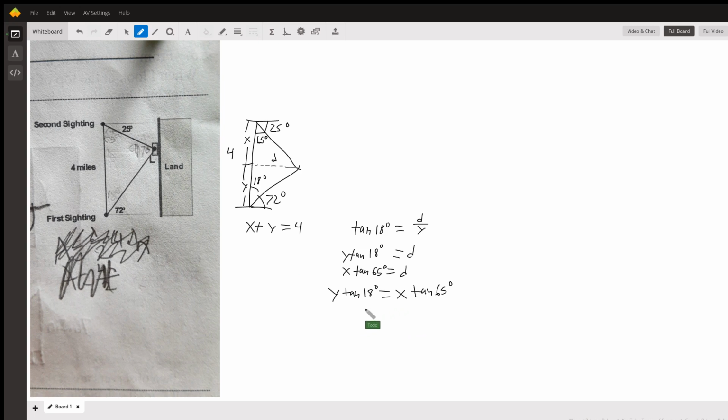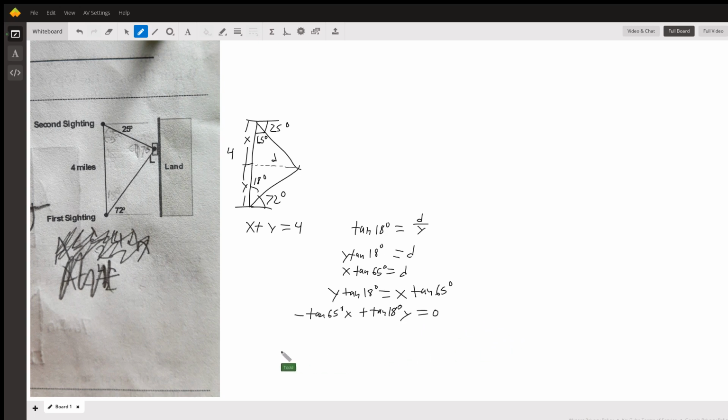We can solve this using any number of methods. The method that I most prefer is augmented matrices. And so to put this into an augmented matrix, I'm going to subtract this over. So minus tan 65 x plus tan 18 y is equal to 0.